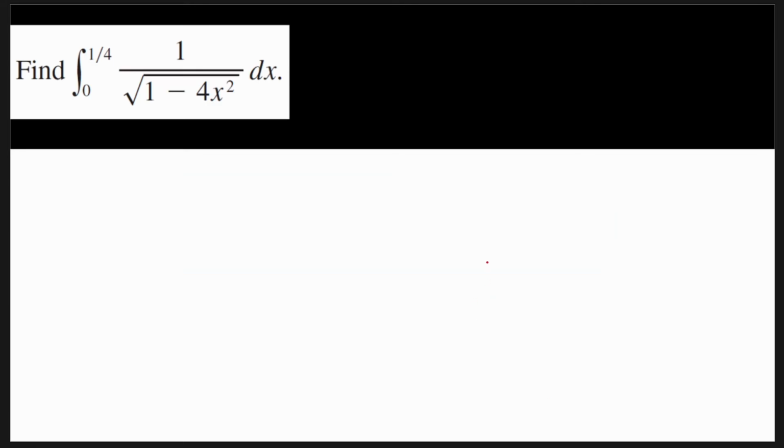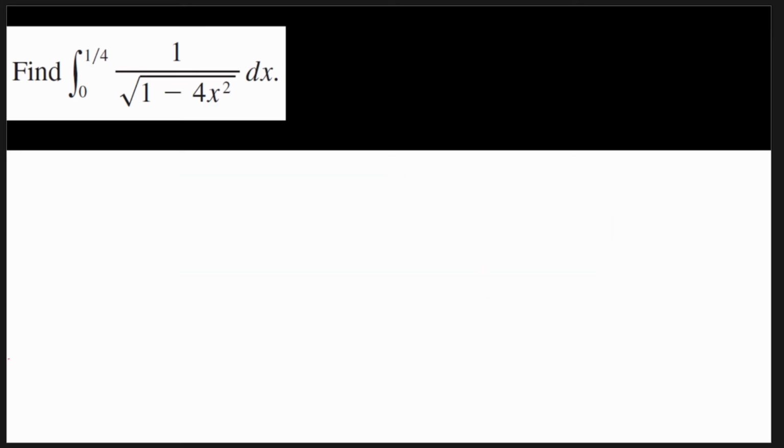So, for example, find the integral of 1 all over the square root of 1 minus 4x squared dx, with limits from 0 to 1/4. I think we should probably use the integration formula derived from the arc sine.